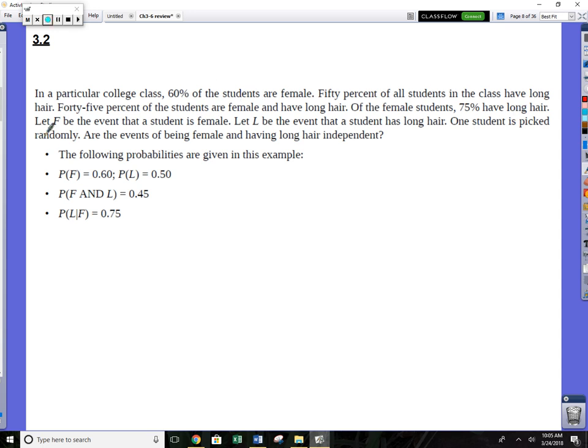Ooh, a lot of information. F is the event that a student's female. L is the event that a student's got long hair. One student's picked at random. Okay, let's do both. Let's do a Venn diagram, and let's use the formula. And then we'll see that they're going to give us the exact same thing.